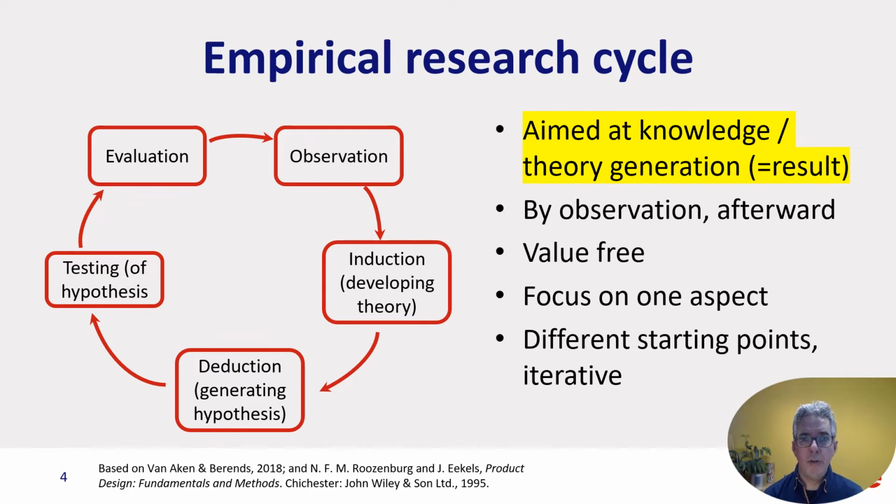We single it out in order to get rid of all sort of other influences and to really understand what's going on in that small part that we want to research. Now, it's a cycle because there can be multiple starting points and it's an iterative process. A researcher often goes through multiple cycles of the research in order to end up with strong theory and good results.